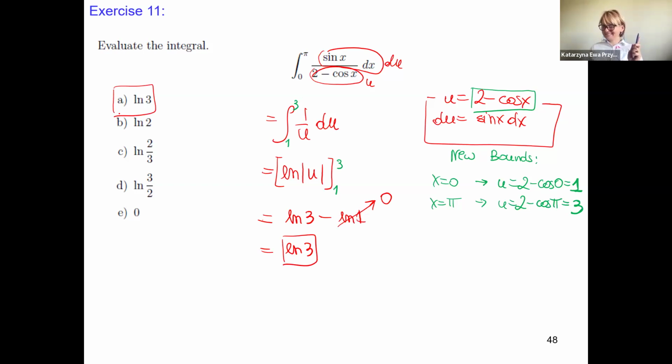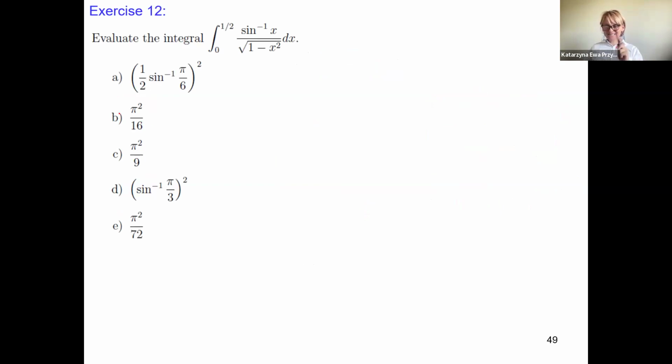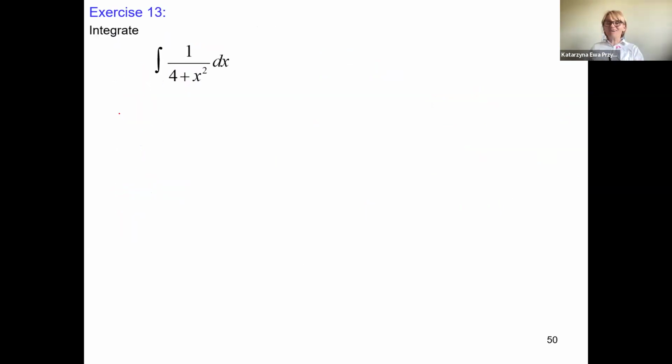Okay, let's look at this one. You can do it because you see the derivatives. Oh, okay. This one. Because what we definitely know, I can probably give you the formula. We know the integral of 1 over x squared plus 1 dx is arctangent of x.